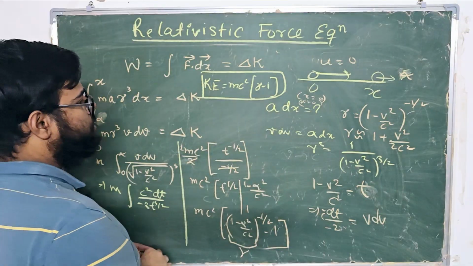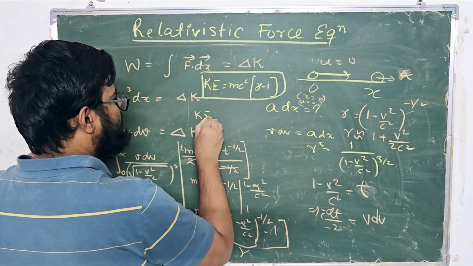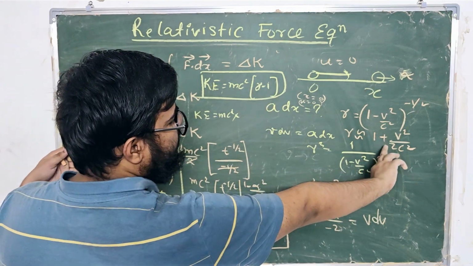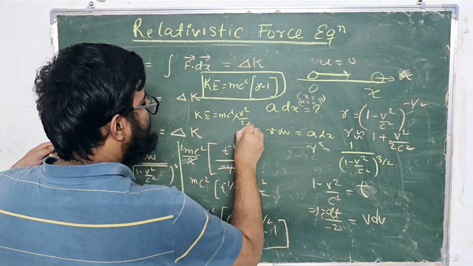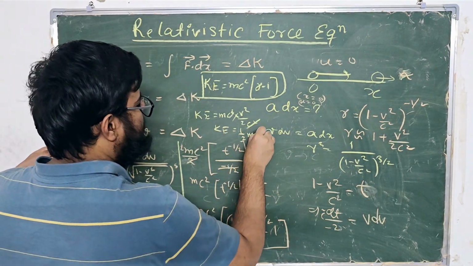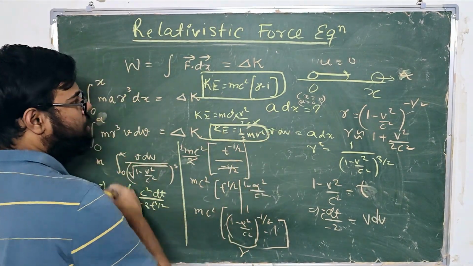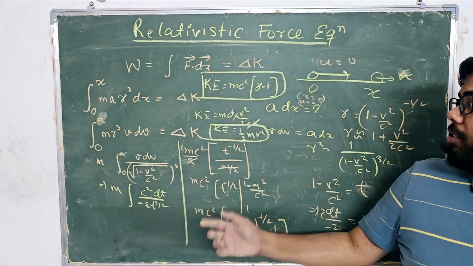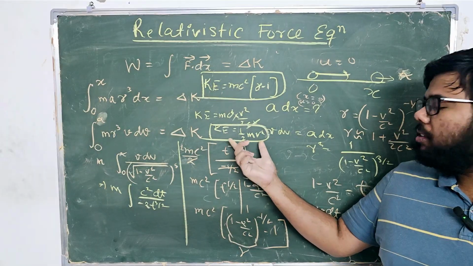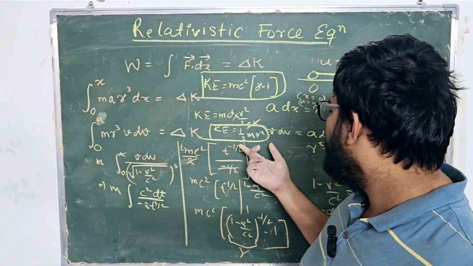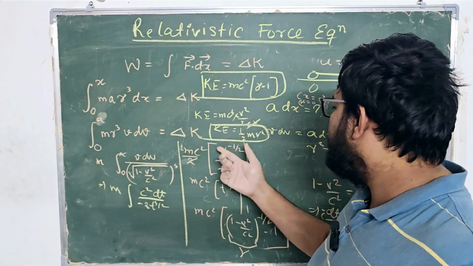Now when you put it there, you get kinetic energy equal to mc square times gamma minus 1. So 1 and 1 will get cancelled, leaving v square by 2c square. So kinetic energy turns out to be half mv square. Correct? So for velocities very much less than the speed of light, the kinetic energy expression is half mv square.